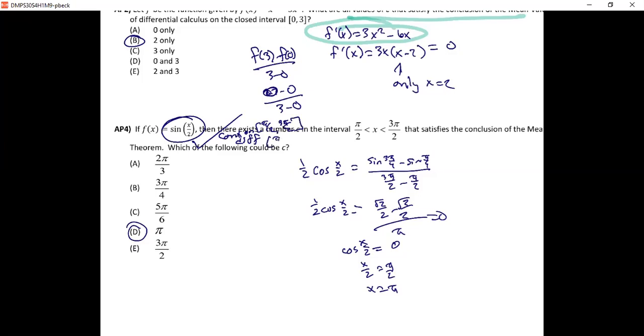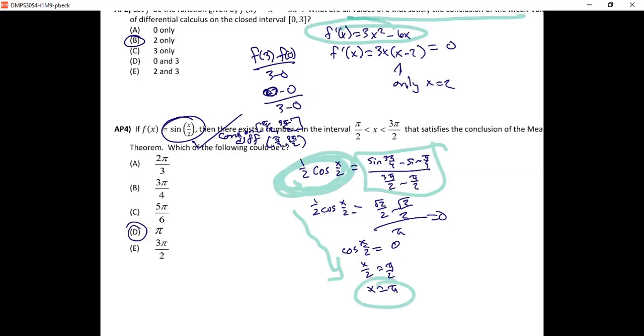Differentiability on the open interval, pi over 2 to 3 pi over 2. I can't just let that go. Then we say our derivative of sine of x over 2 has to equal our average slope, which does equal the average slope if we follow through the solving at x equals pi. Therefore, that is our answer.